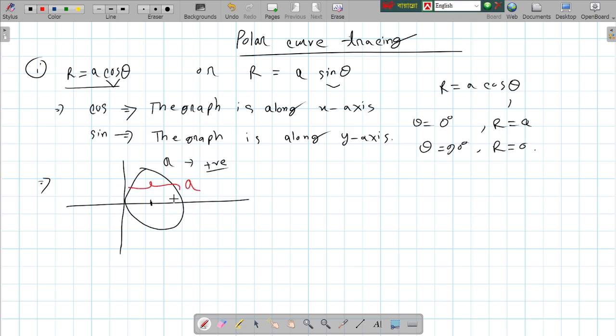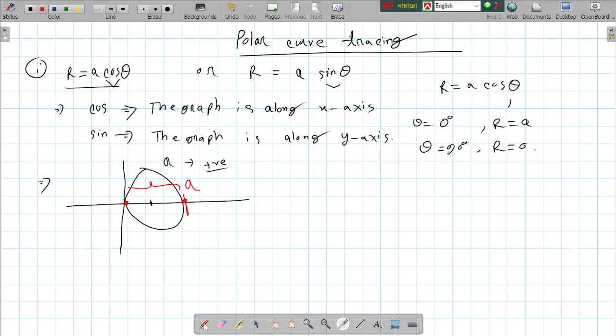So for r equal a cos theta, the diameter of this circle is a. It means if the angle is 0 degree, we get the maximum value of r, and when theta is 90 degrees, the value of r is 0.